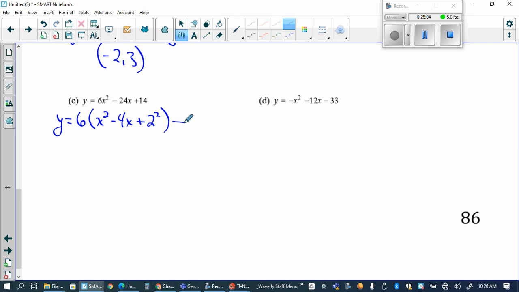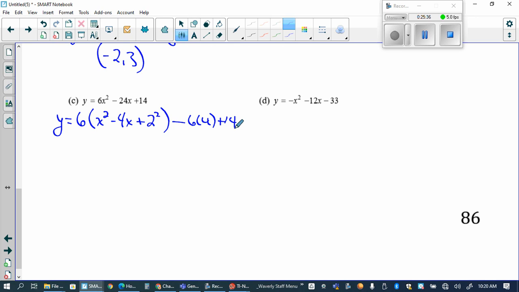Now what are we going to subtract? 6 of those 4s, that's plus 14. Why would that be negative? We are already subtracting it here, so that's where the negative comes from.